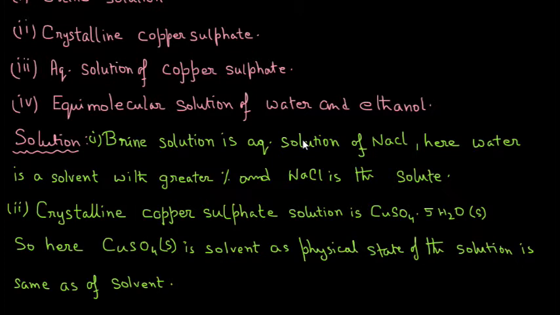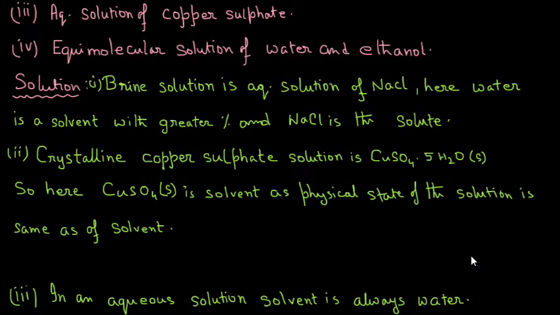So here CuSO4 is the solvent, as the physical state of the solution is the same as that of the solvent. Third, in an aqueous solution, the solvent is always water.